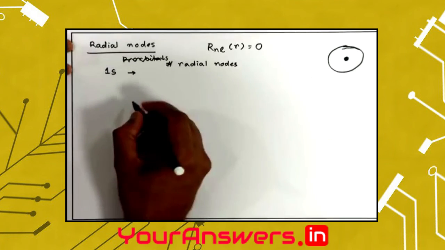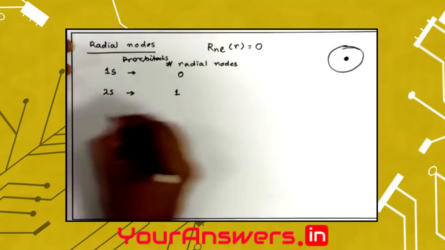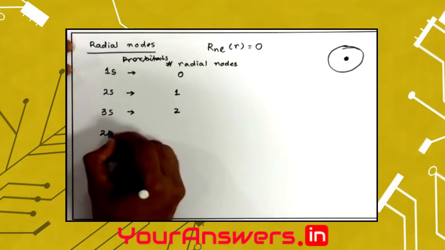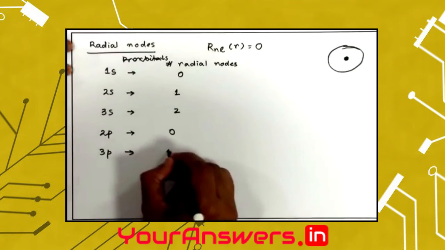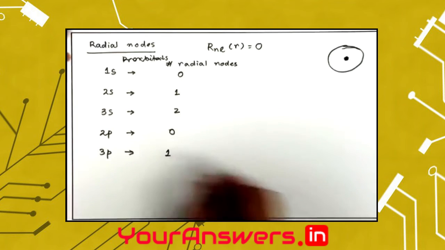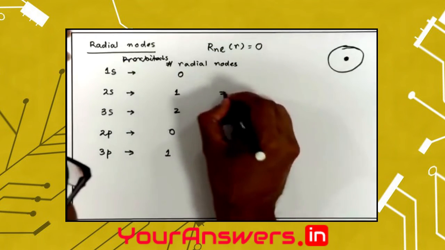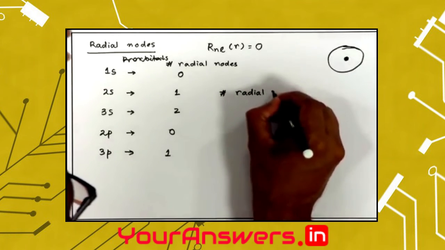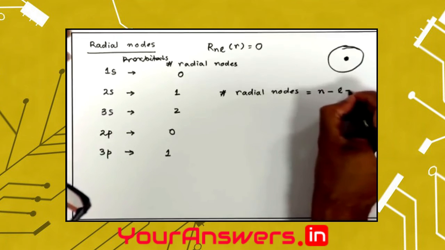For 1s orbital I got 0, for 2s I got 1, for 3s I got 2, for 2p I saw 0, for 3p I got 1, right. This is what we saw. Now, we can have a general definition: the number of radial nodes that an orbital will exhibit is given by n minus L minus 1.